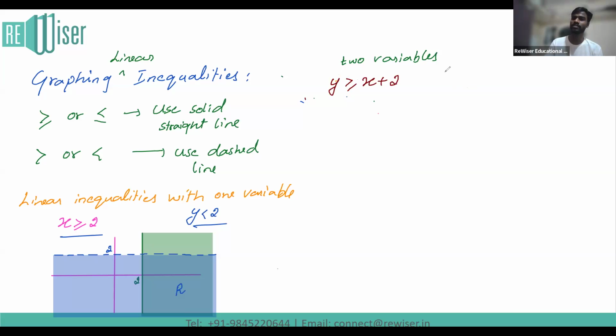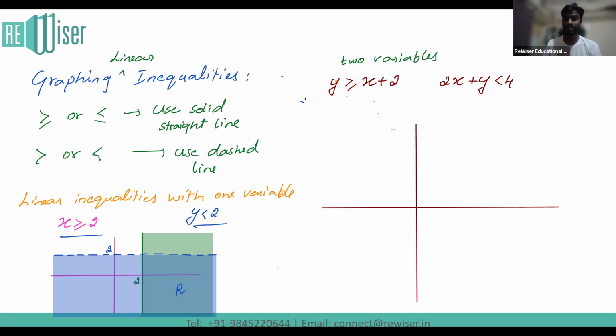This is the first inequality, and 2x plus y is less than maybe 4, if I have it something like this. So let's figure out how we graph this. And these two lines will be slant lines.